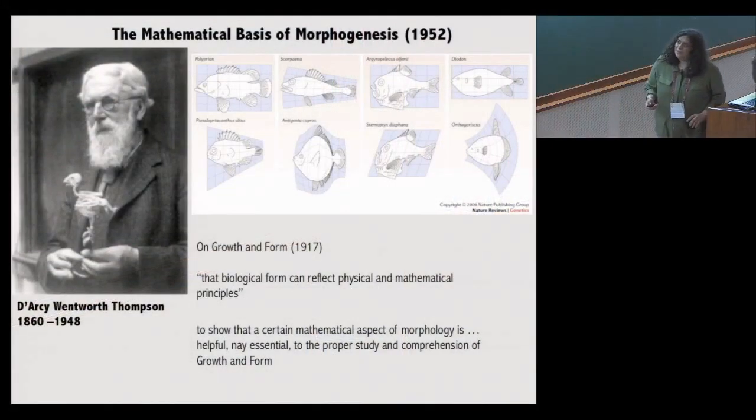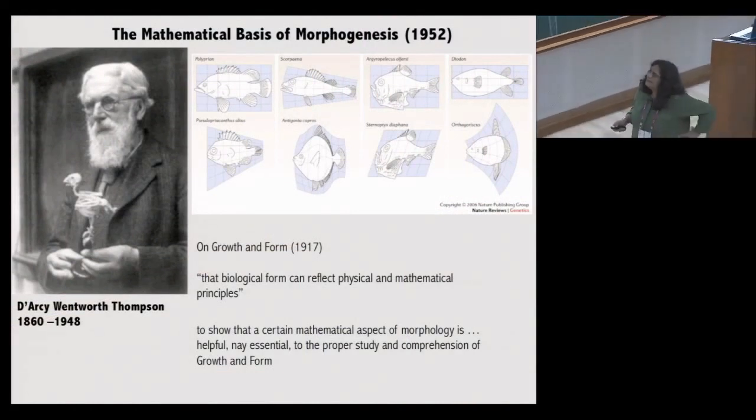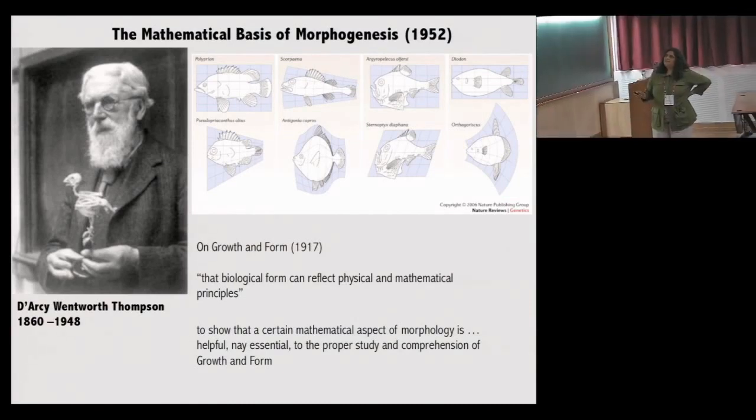So several people have thought about this problem of how you acquire different forms, and in fact, some of the earliest ideas were that you could explain the differences in the shapes, in this case, of many different kinds of fish, or the final shapes of many different kinds of fish, using mathematical principles.